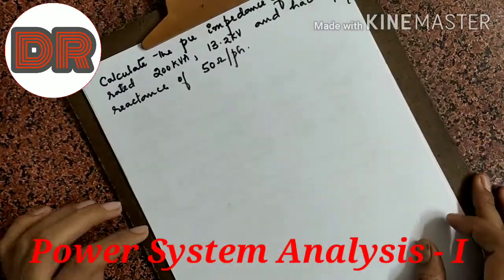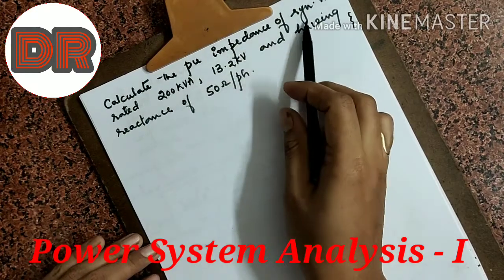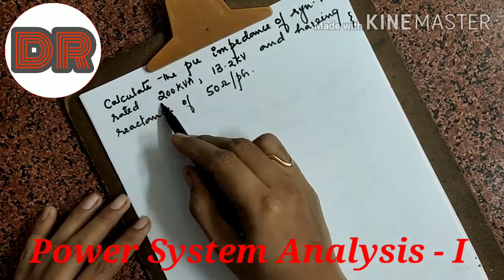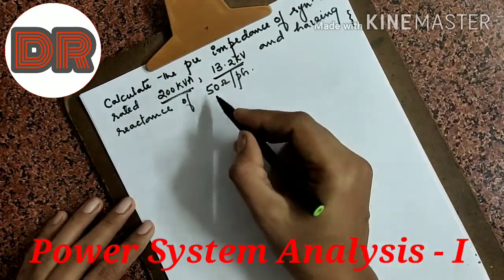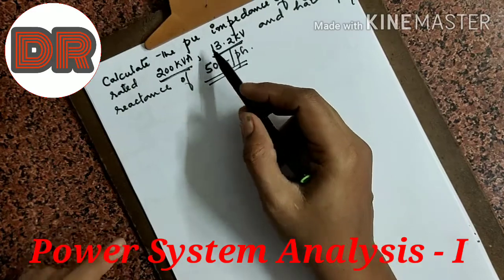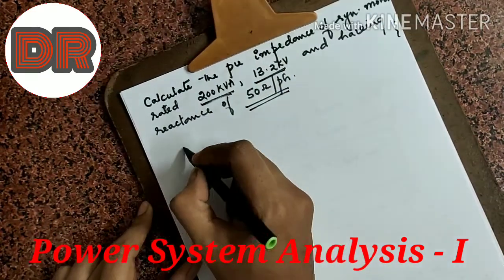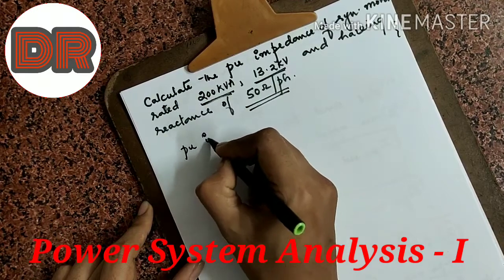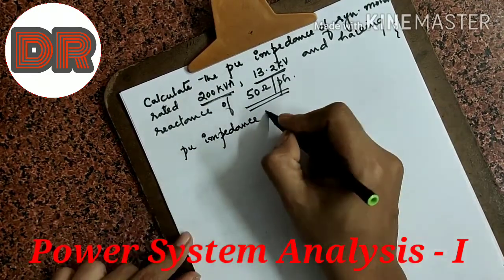Let us take one example. Calculate the per unit impedance of a synchronous motor rated 200 kVA, 13.2 kV and having a reactance of 50 ohm per phase. So what is asked? Per unit impedance is asked, so we have to calculate Z per unit.